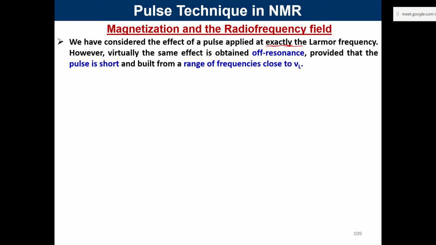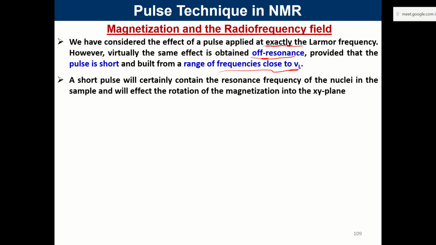That was the initial discussion we started with, that it matches. But it has been found that even if it is just close to that frequency and not exactly matching, which is the off resonance condition, you can still get the signal. A short pulse contains several frequencies, so it is still possible.